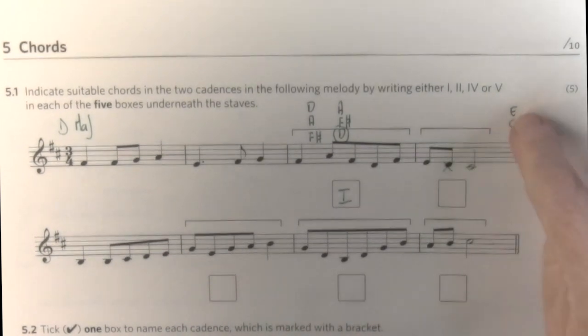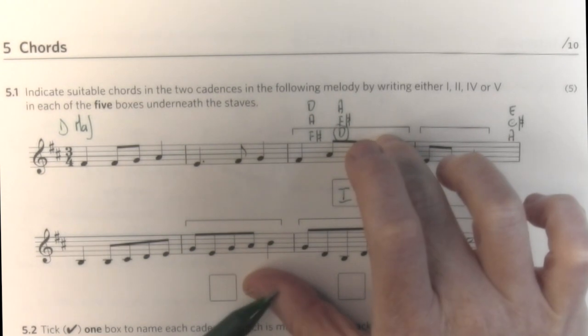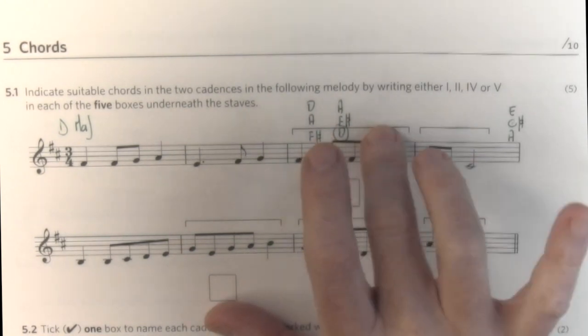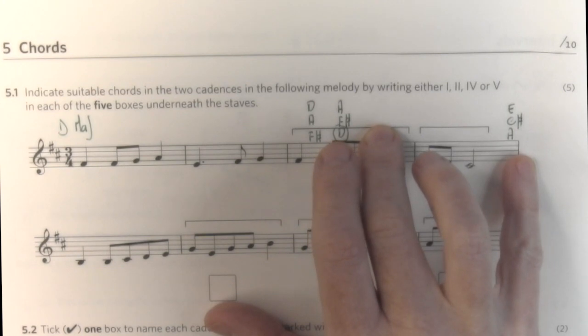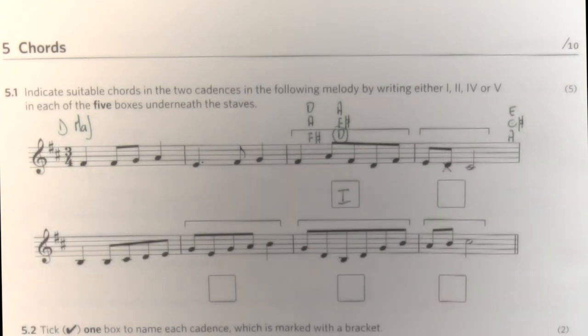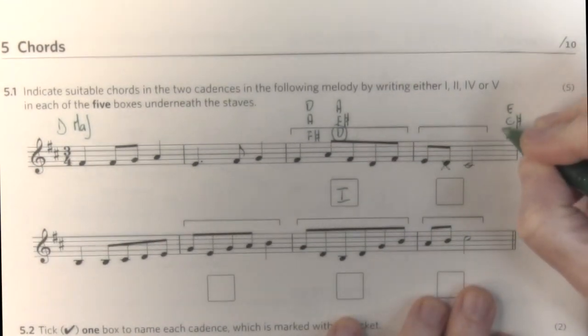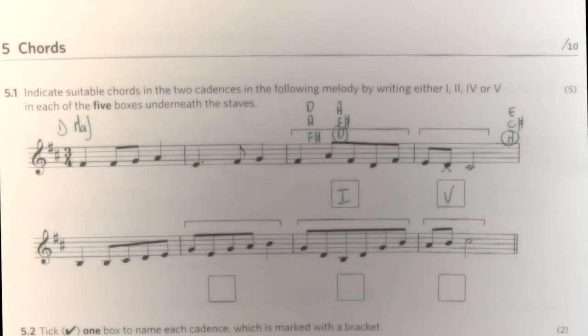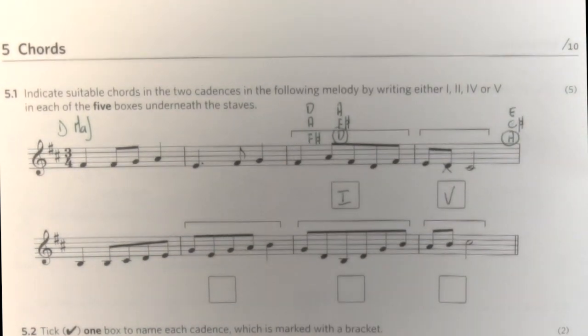To double check, let's consider C sharp as the first. So Do sharp, Mi, Sol. In this case, Do is the 7th degree of D major. So it can be, this is the chord. It's an A major chord and it's chord 5.